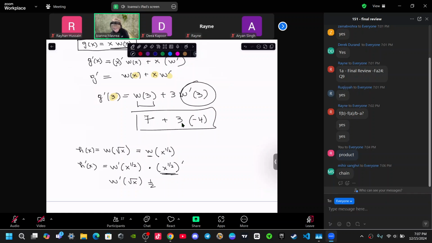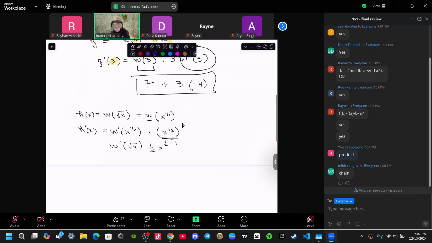It's 1/2 x to the one less power, right? So I can finish this. So then the derivative of h is equal to the derivative of W at square root of x times 1/2 x to the negative half.